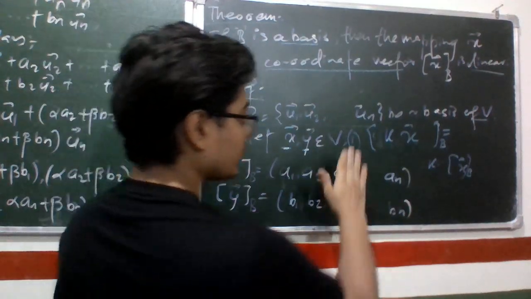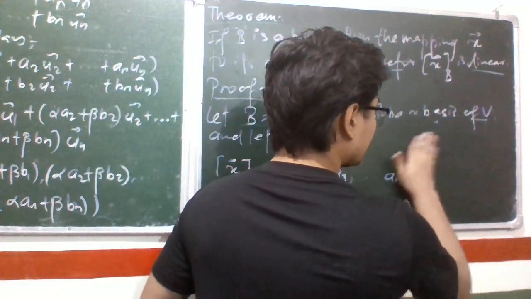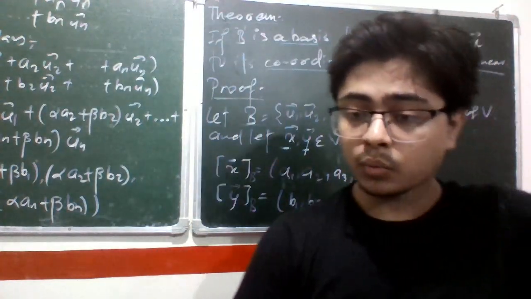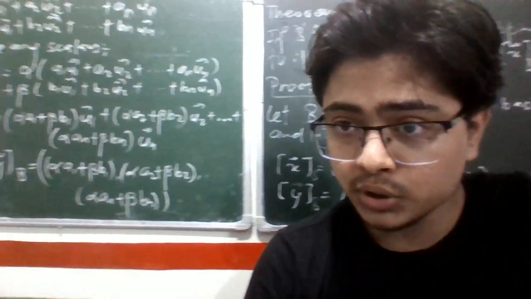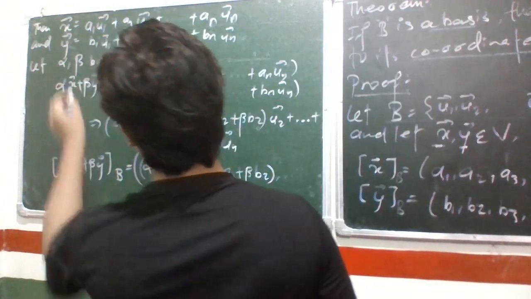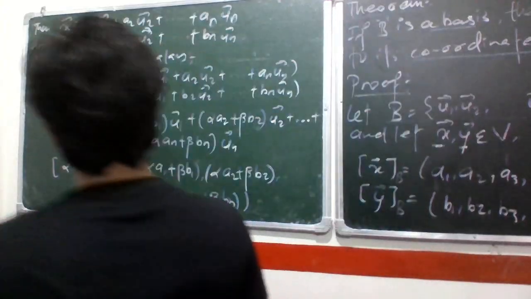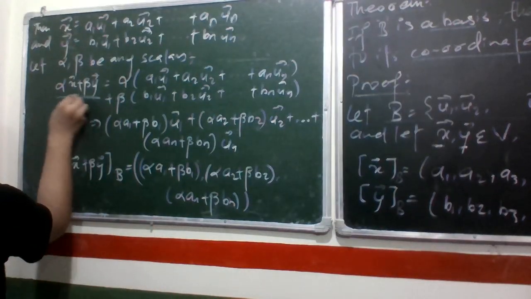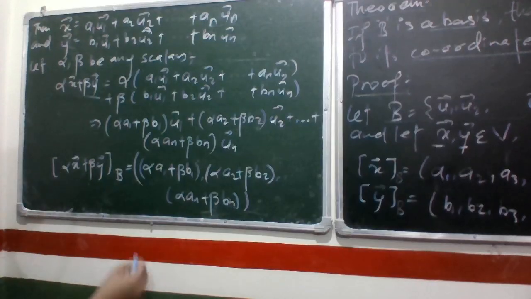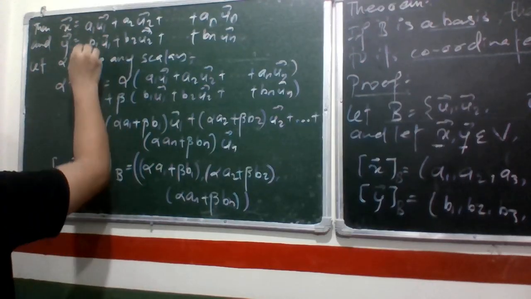So let's try to prove both of these things. For that, I supposed two scalars, alpha and beta, to be any scalars. When I did that, I found a linear combination of x and y vectors, and I can write them in this form.